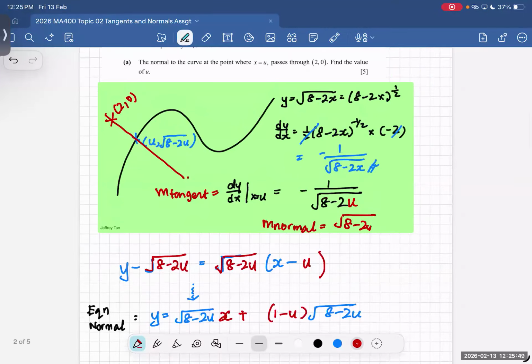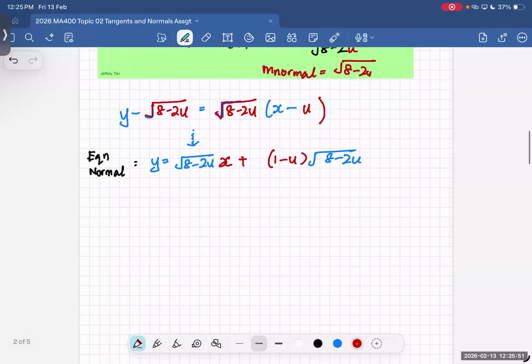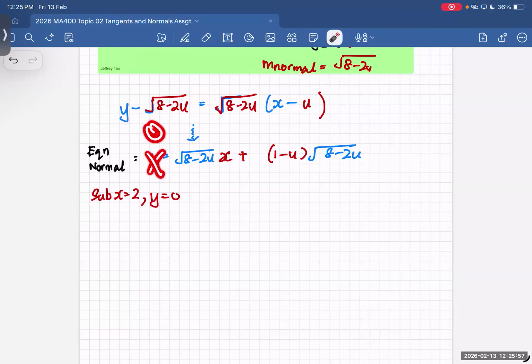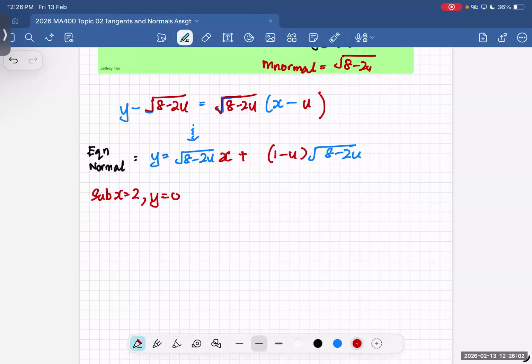Sub x equals 2, y equals 0. Look at this equation: sub y equals 0, x equals 2. Now after that, you sub in: 0 equals square root of 8 minus 2u, times 2, plus 1 minus u, square root of 8 minus 2u.